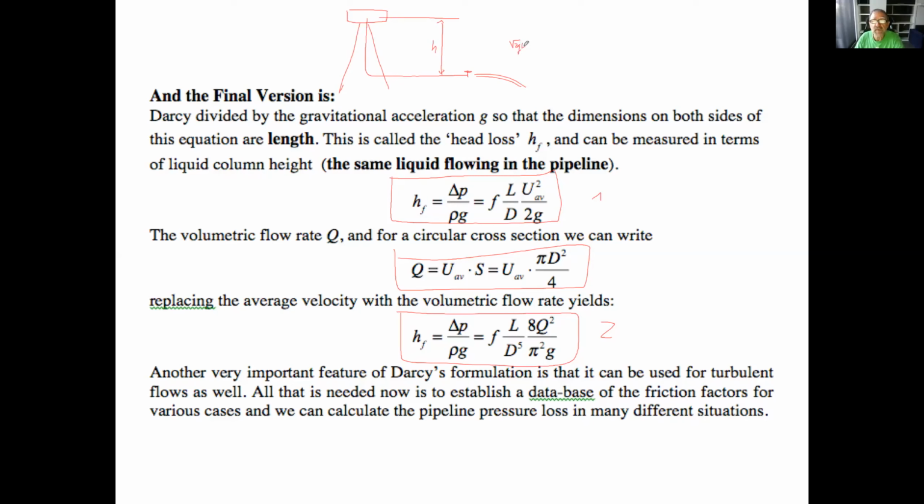Remember that? That's the free fall. Yes, Professor. But because of the friction, you get less. You lose hf. So the loss from friction, relative to the potential velocity or the potential pressure drop, is represented by Darcy's formula.